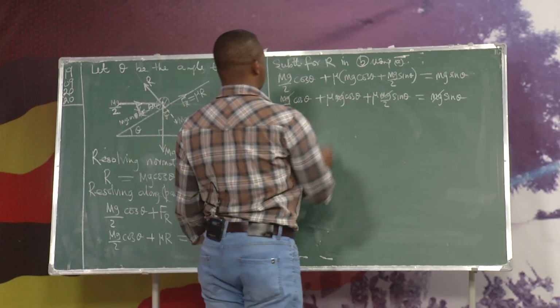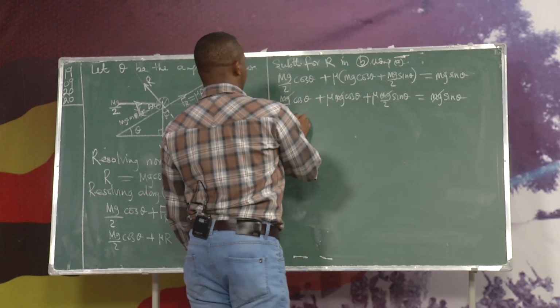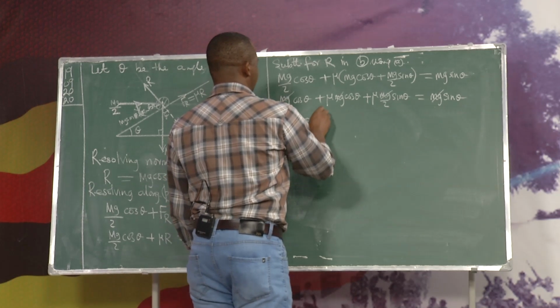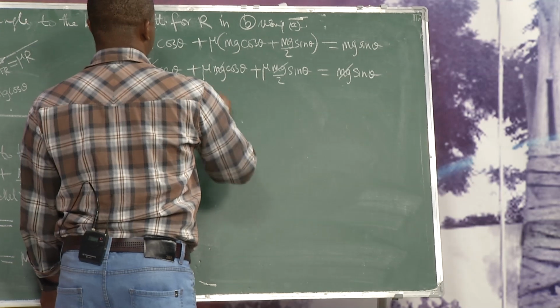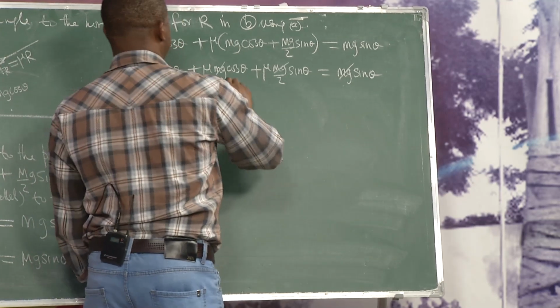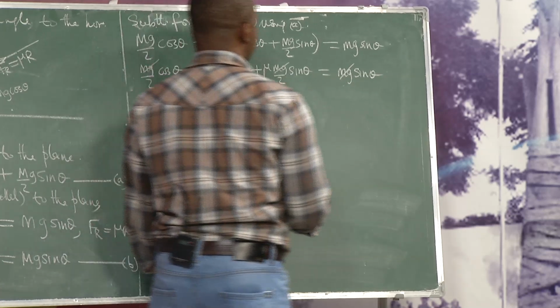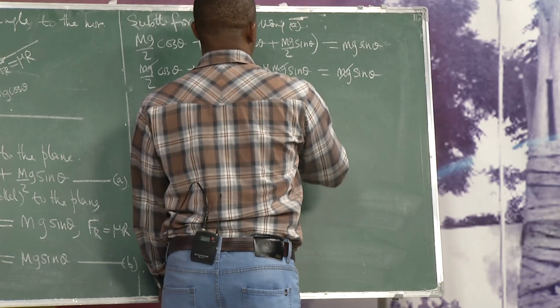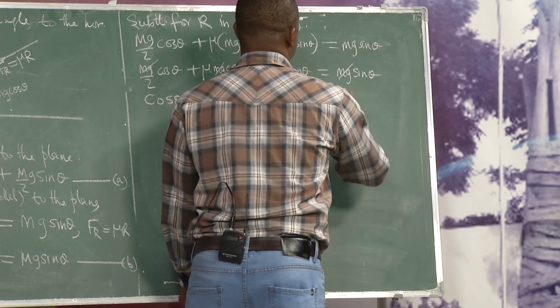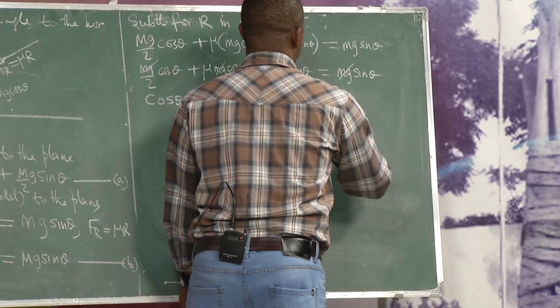Cos with cos, I will have a half the cosine of theta into a half plus mu will be equal to the sine of theta into 1 minus mu over 2.